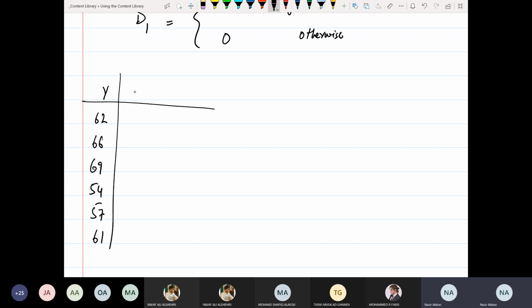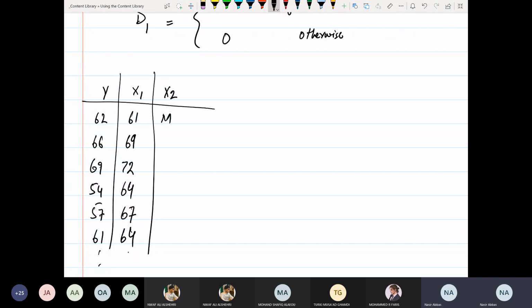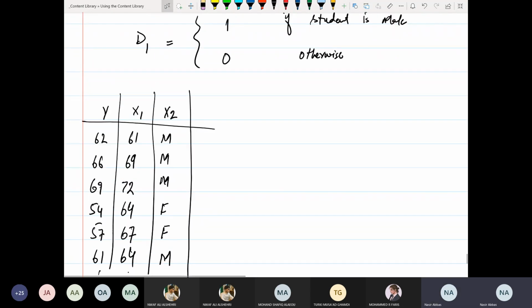Then there is X1, that is father's height: 61, let us say 69, 72, let us say 64, 67, 64, and so on. And then there is X2, whether the student is male or female. Let us say these are the values, and so on.